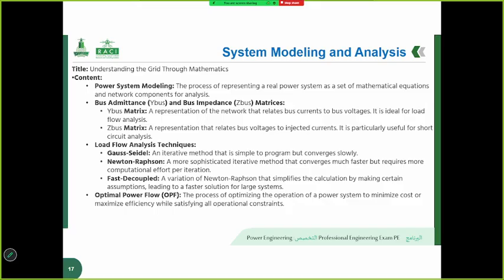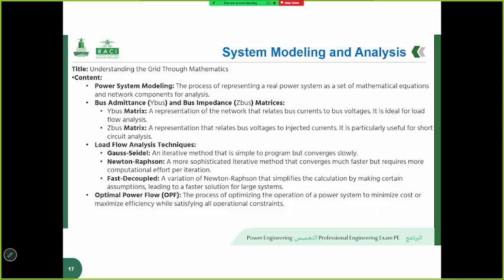Optimal Power Flow is a sophisticated analytical tool that goes beyond simple load flow analysis. It is an optimization problem that aims to find the best operating point for the power system while satisfying all physical and operational constraints.